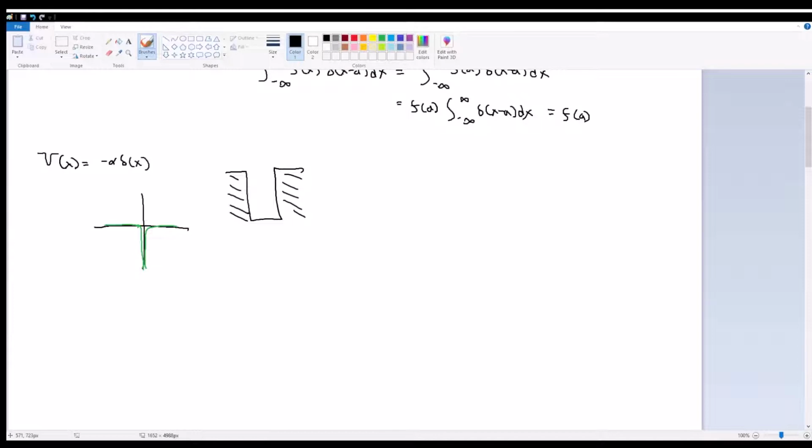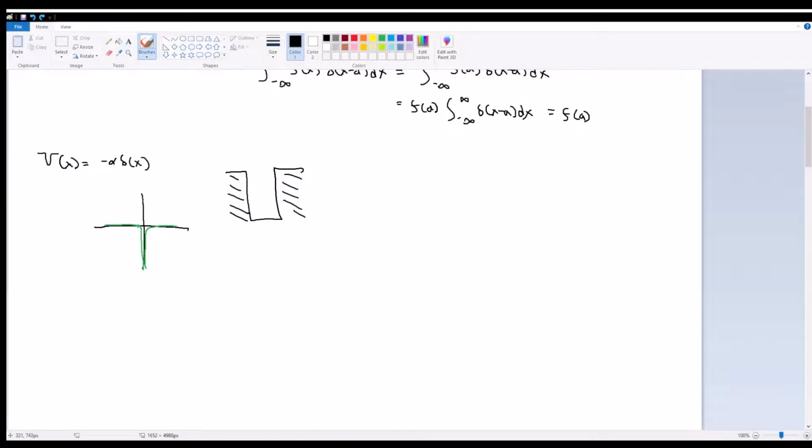So how do we solve this? It doesn't really make sense to write V of x as this, because with a Dirac delta potential, V of x is only non-zero exactly at the point x equals 0.